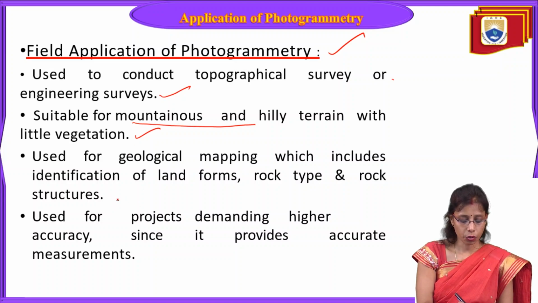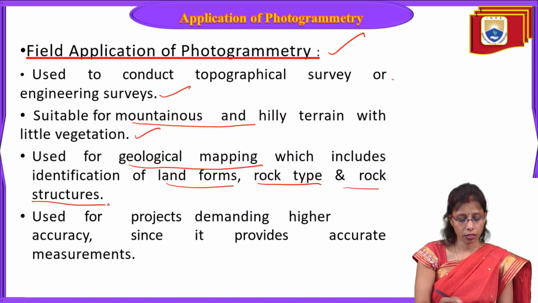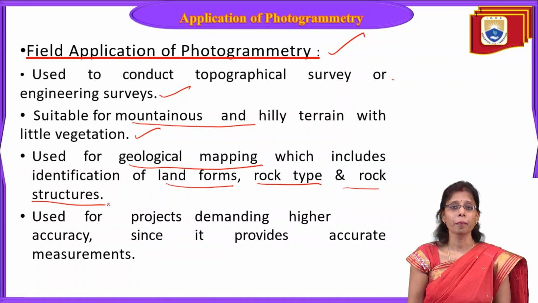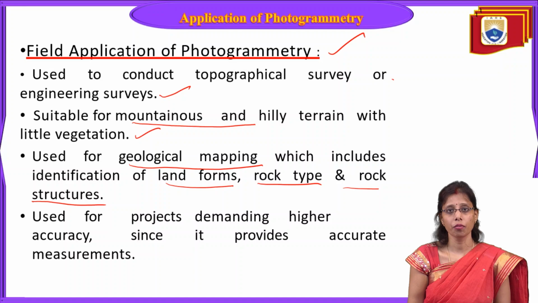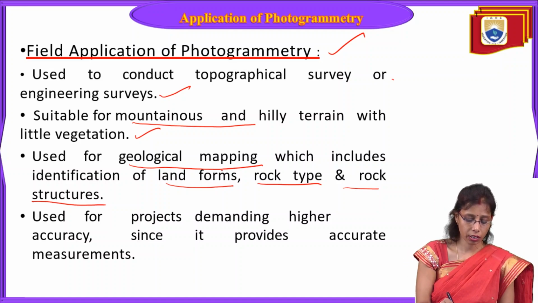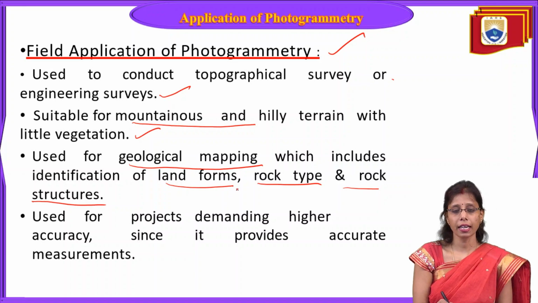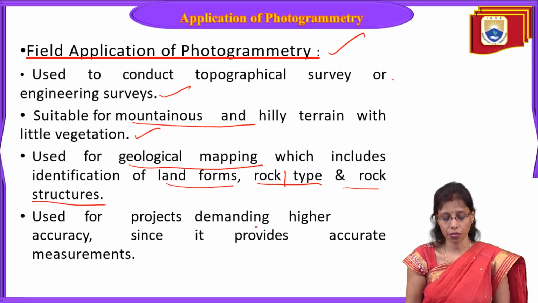Now, it is used for geological mapping, which includes identification of landforms, rock types, rock structures. As the photos are very clear, we are able to find the geological structures and different kinds of landforms, different kinds of rock types, and it helps us to find the rock structures too.